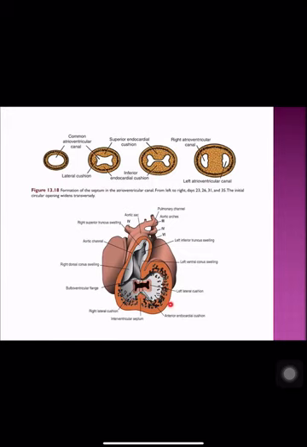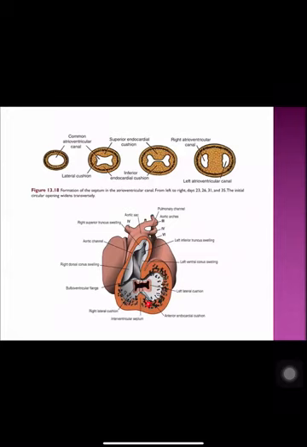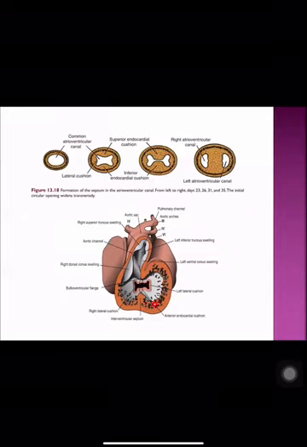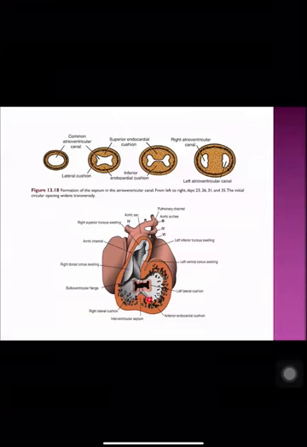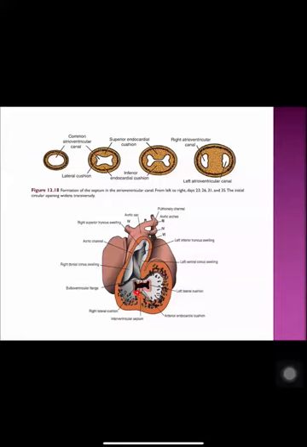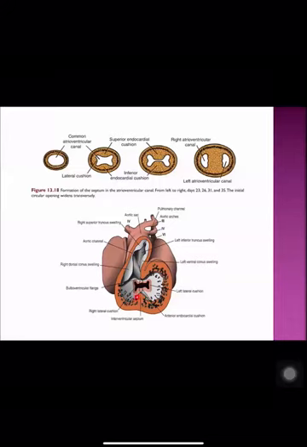Now, initially, as we said, the access of the AV canal is only to the primitive left ventricle. That will be separated from the bulbus cordis or the right ventricle by the bulboventricular sulcus initially. Now, with further development, there will be degeneration of this sulcus, leaving only a flank on both sides, so that the posterior end of this flank will end at the superior endocardial cushion.